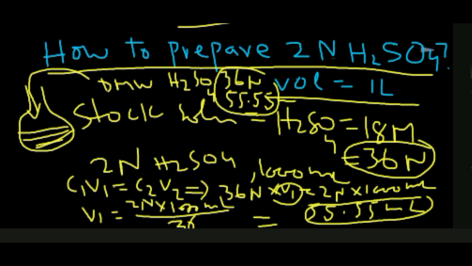We should add it into the flask and then again make the volume up to 1 liter, I can say 1000 ml. So in this way you can prepare the 2 normal solution of sulfuric acid from stock solutions.